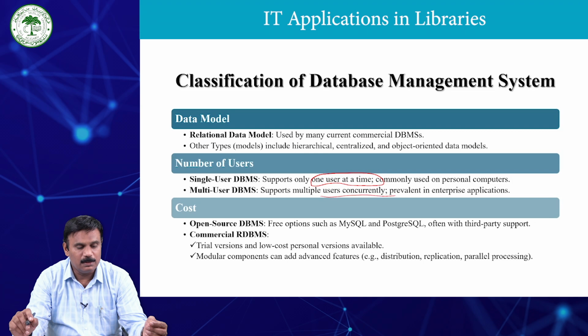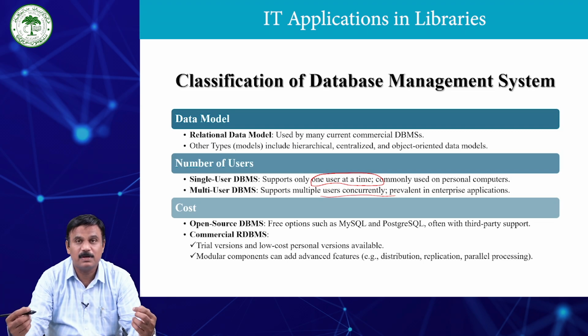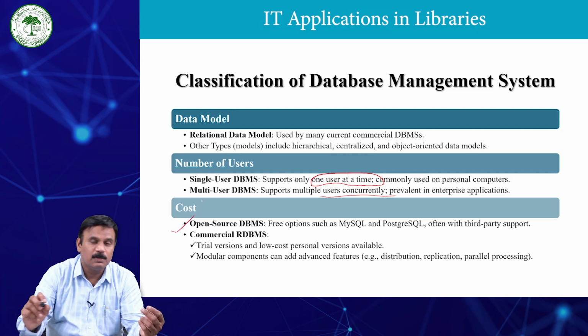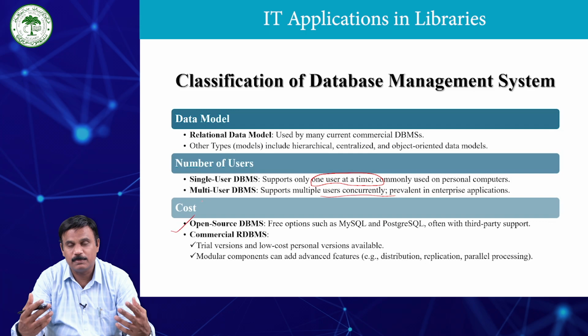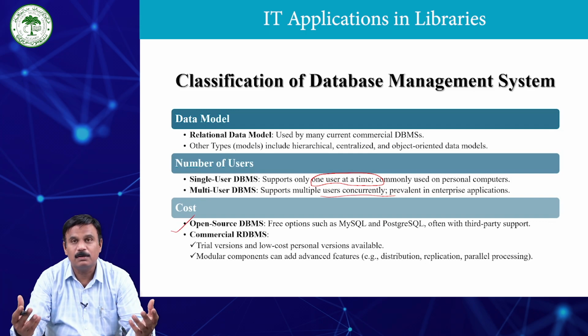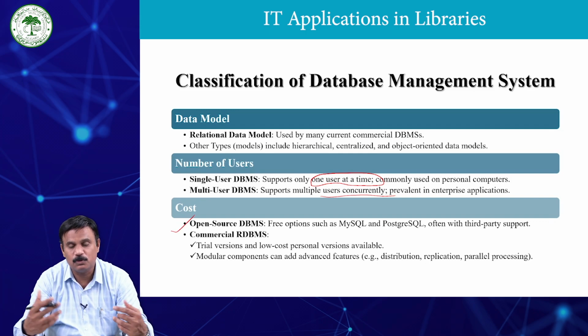And as far as the cost of developing a database management system is concerned, some systems we can develop free of cost by using open source software. So, there are two types of database management systems according to the cost.